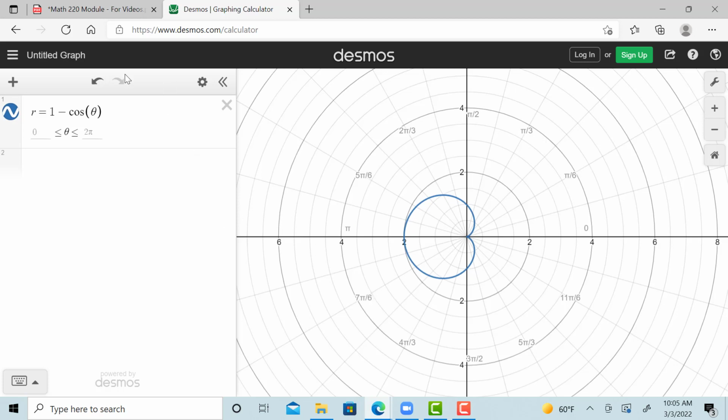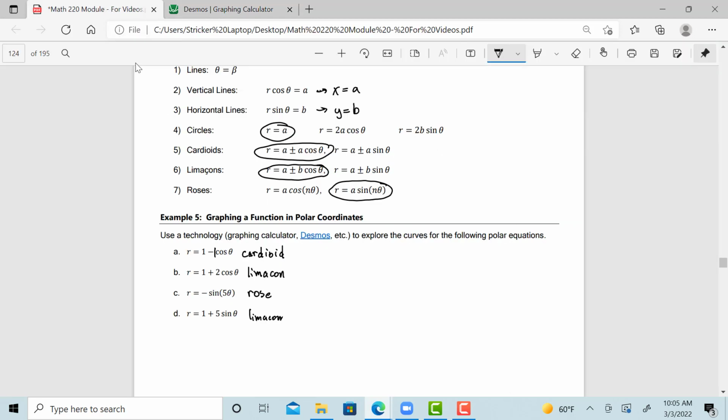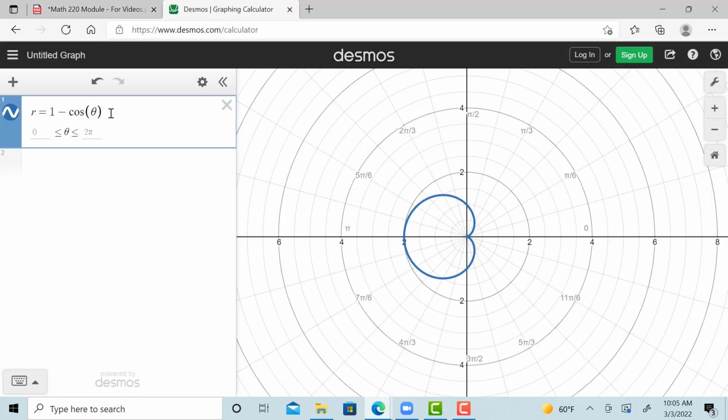Let's go ahead and go to the next one. The next one we said was a limaçon. It's 1 plus 2 cosine theta. There's a limaçon. It looks a little bit different than the cardioid. Notice it has a little loop that goes inside the outer loop.